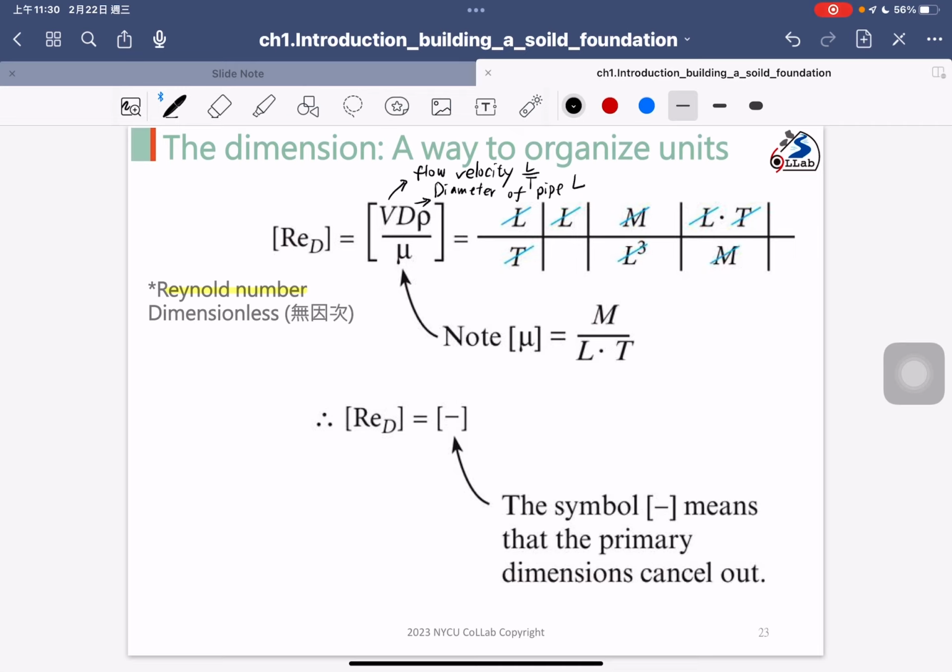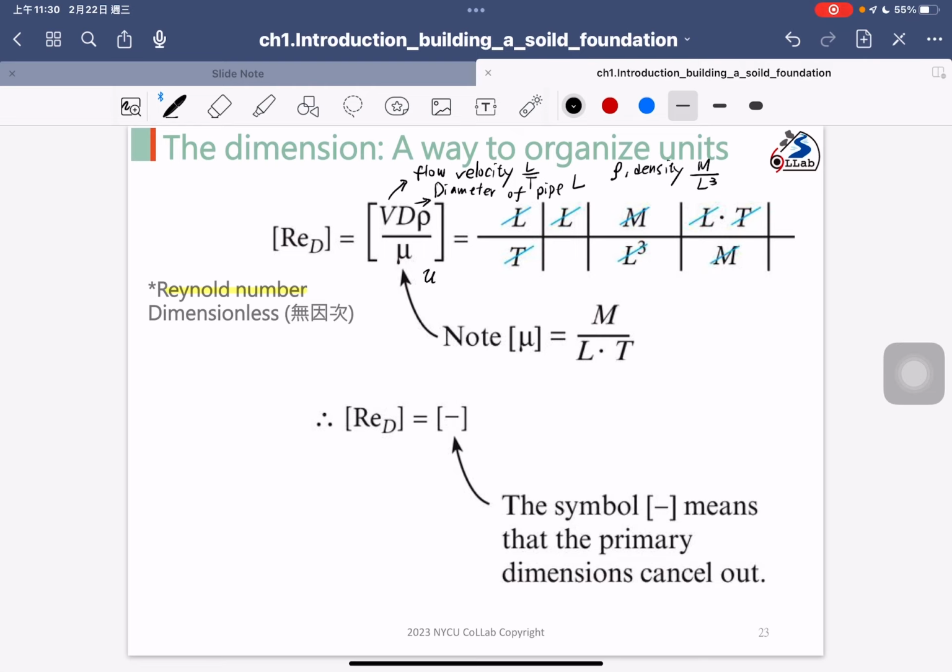Because the diameter is a length. And we already know rho is the density, right? So the density is mass divided by volume, and the volume is length to the cubic power. Okay? So the only parameter you don't know right now is mu.